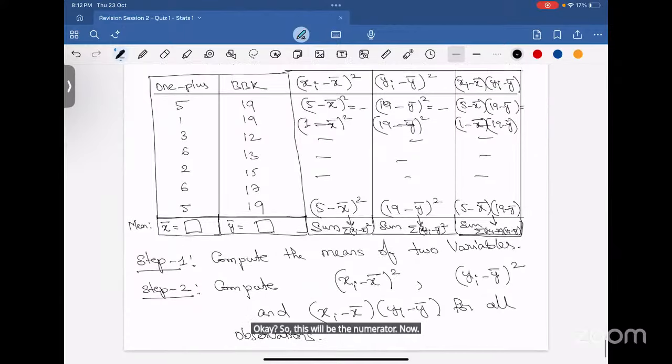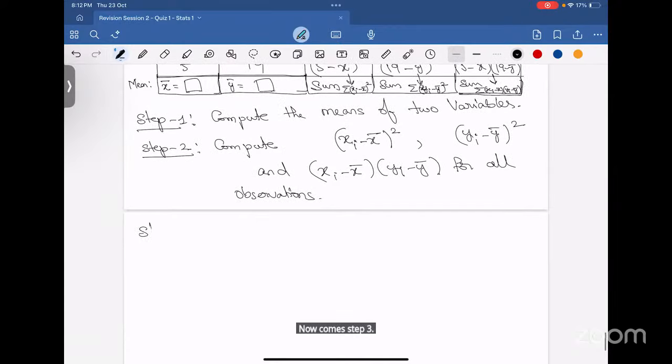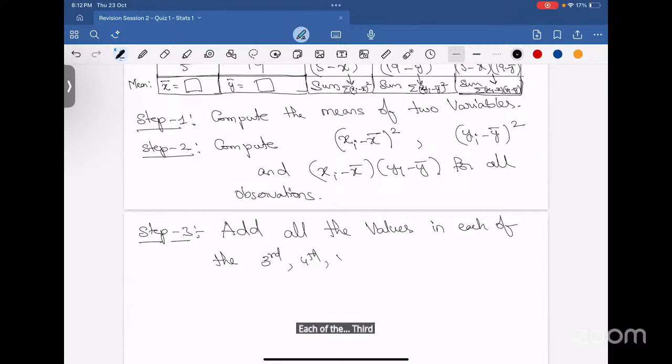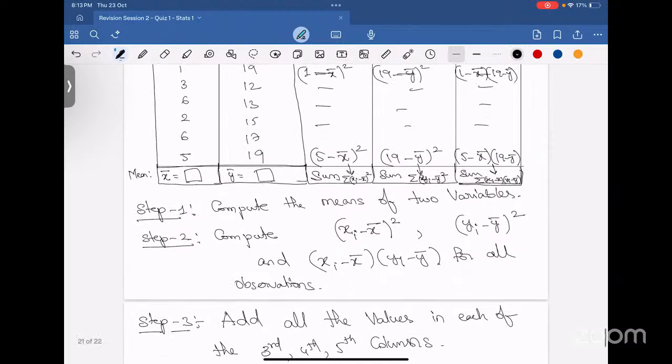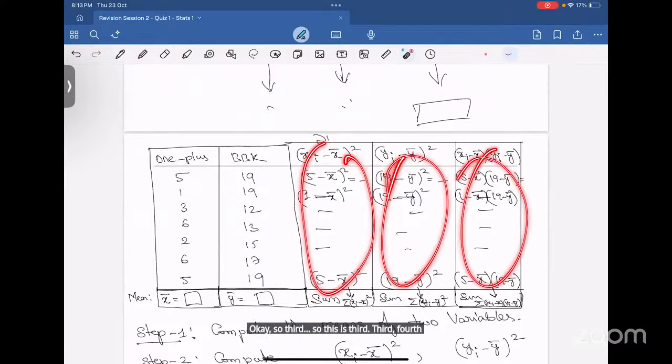Now once you have this table, now comes step 3. Step 3 is add all the values in each of the third, fourth, and fifth columns. Okay, so this is third, fourth, and fifth columns.